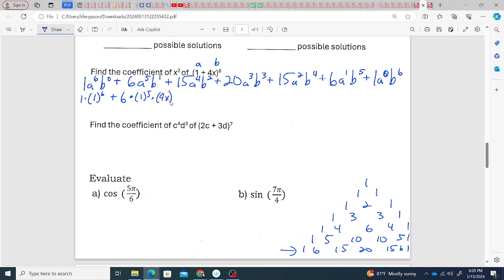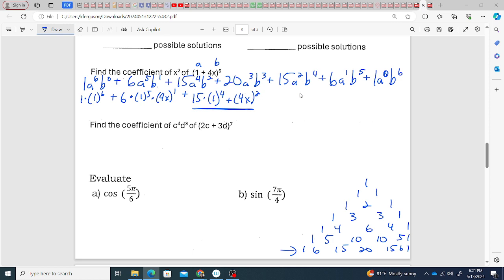So that's 4x to the 1st power. So what do I have there? I've only got 1x. That's not x squared. Keep going. Plus 15 times a to the 4th power. That's 1 to the 4th power times b, which is 4x to the 2nd power. Wait a minute. x to the 2nd power. That's where I want to be.